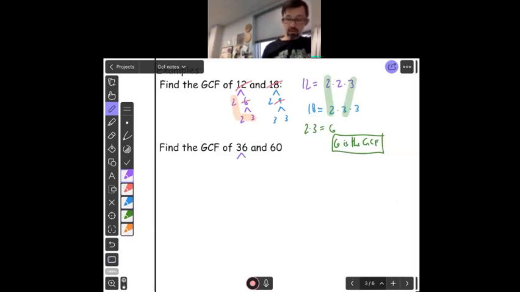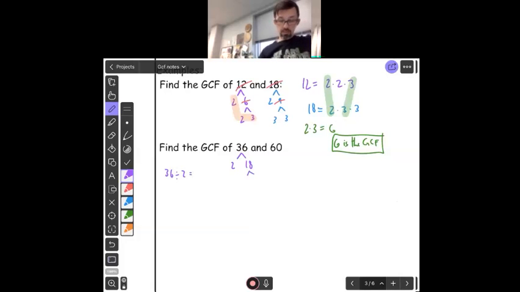I want to break it down. Okay? The smallest number that goes into 36 is 2. 2 times what is 36? And if you're not sure about this, you should be getting your calculator out and saying 36 divided by 2 is 18. Okay. 18 is not prime, so I need to break 18 down.